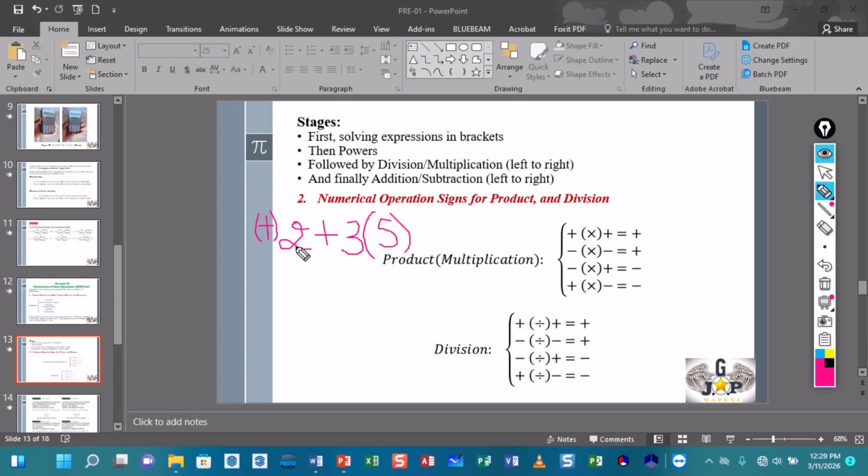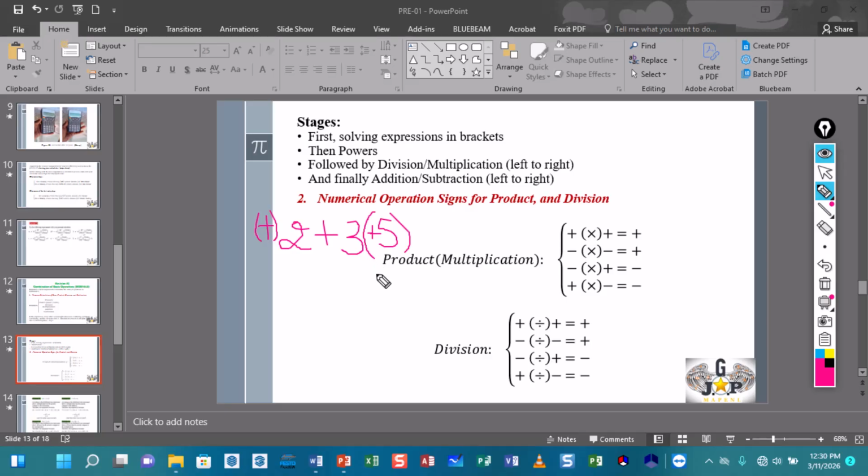What are we going to have here? This 5 doesn't have a sign, so we automatically use a plus sign, because a whole number or relative number has a positive sign assigned to it unless otherwise stated.